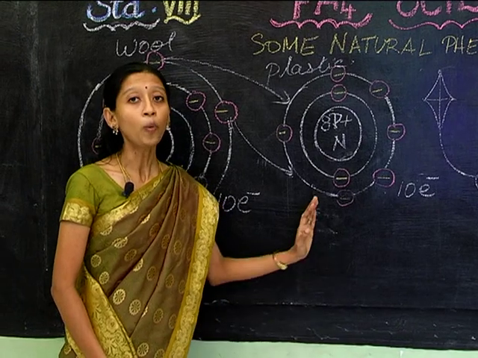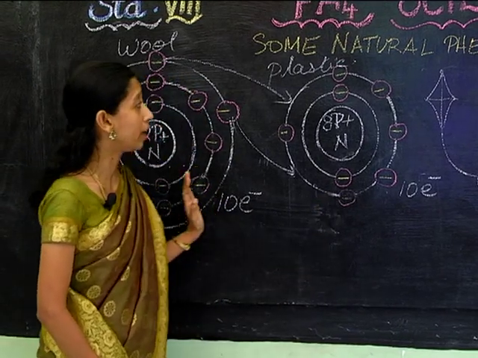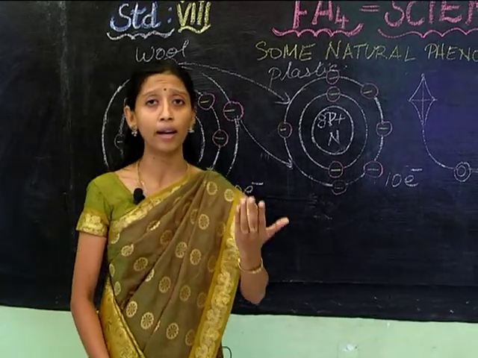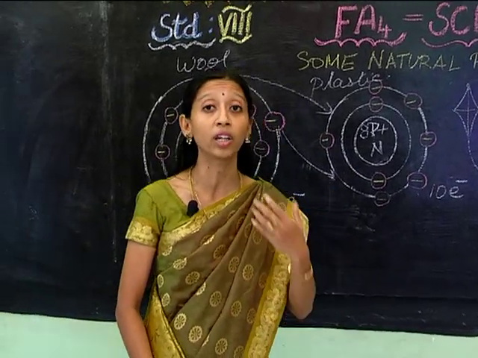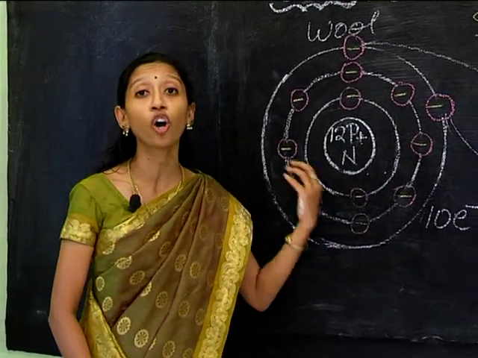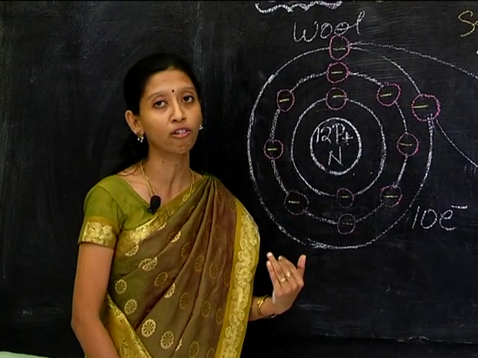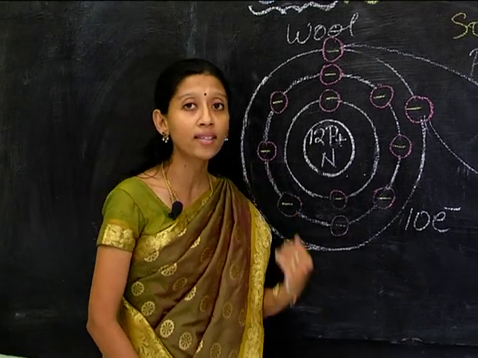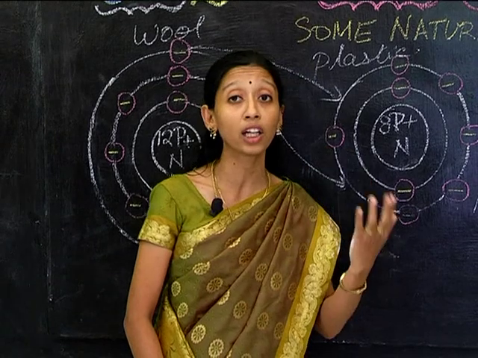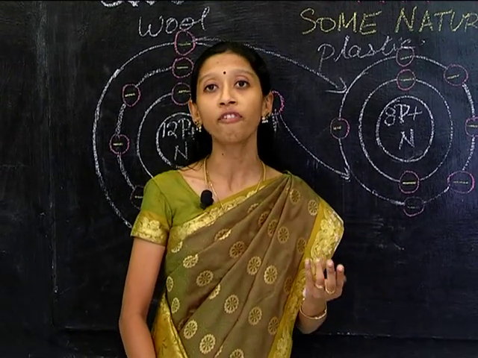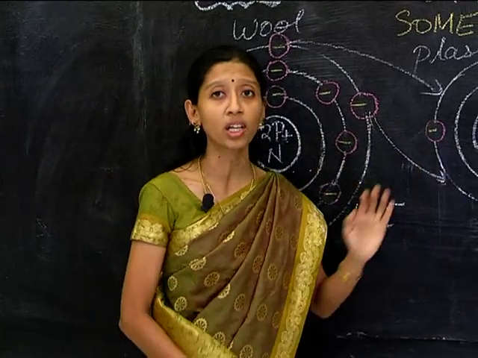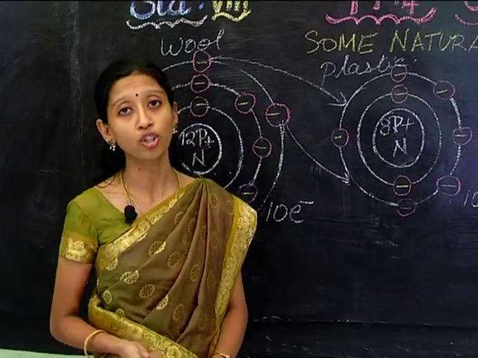Whenever I say a positively charged atom, I am referring to an atom which has a deficit of electrons, or fewer electrons than protons. When I say an atom is negatively charged, I am referring to an atom which has more electrons.